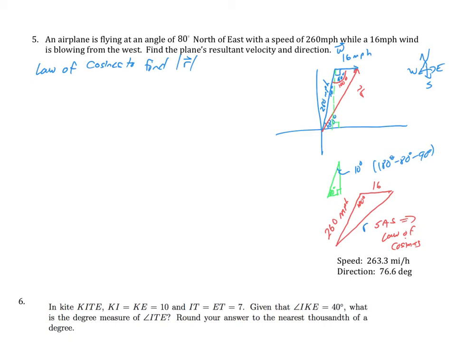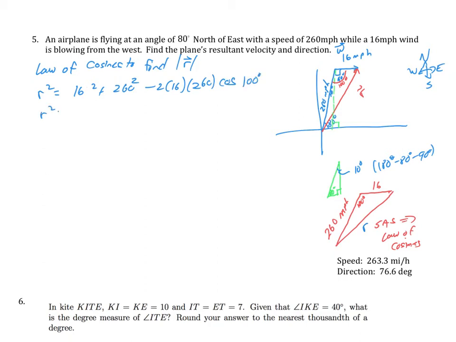So I'm going to set that up. r squared is equal to 16 squared plus 260 squared minus 2 times 16 times 260 times cosine of 100 degrees.